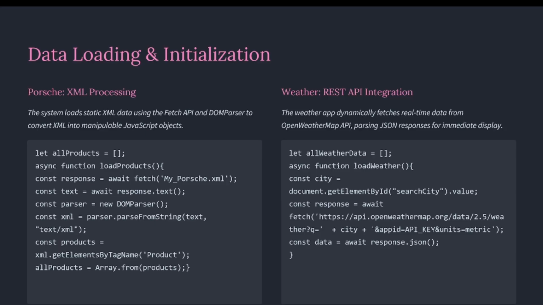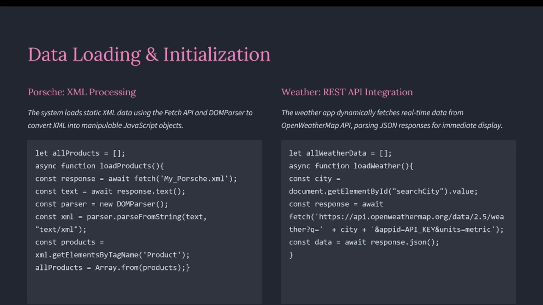Weather REST API integration. The weather app dynamically fetches real-time data from the OpenWeather API, parsing the JSON response for immediate display. Let all the weather app. So this will load all the data from the weather. Async function loadWeather. I have a function called loadWeather. Const city, I have a variable called city, document.getElementById search city value. So in the search bar, you search the city.